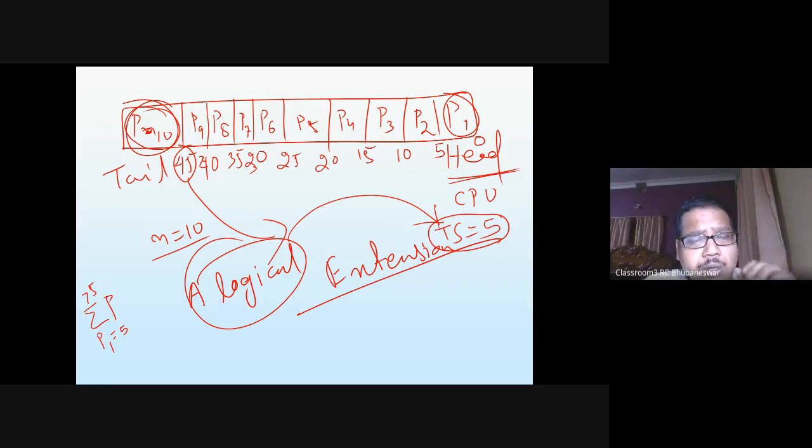But if you look into the performance of both, there is a significant difference. Every multi-programming system suffers with starvation, whereas every time sharing system does not. So they are not suffering with starvation. This is a frequently asked question: give or justify the difference between multi-programming environment and time sharing environment.